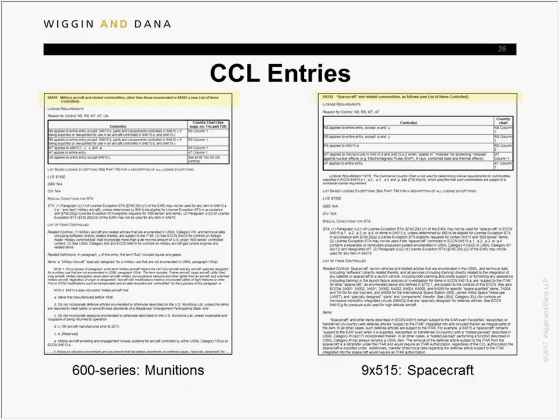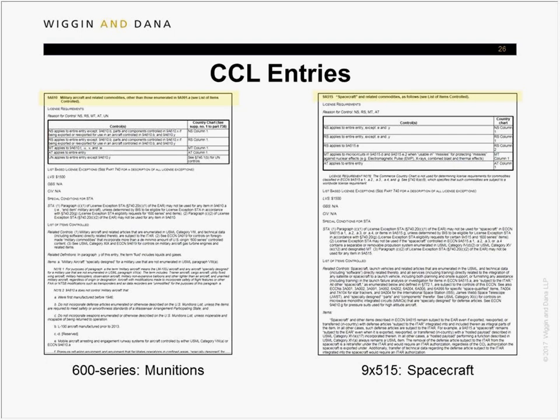Other kinds of CCL entries you might see, and I apologize here, the resolution isn't very good, but you'll be able to see it better in the PDF, which you will receive afterwards, and that are important to know about, are 600 series entries. A 600 series entry is an entry in which the third digit is a 6, so 9A610, or 2E6 something something, or 1A6 something something.